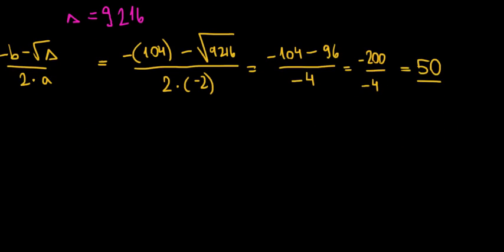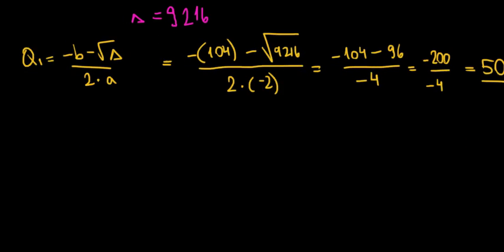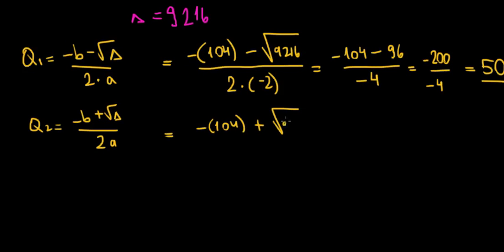And now the second answer, q2, equals minus b plus square root of delta divided by 2a, which is minus 104 plus square root of 9,216, divided by 2 times minus 2.